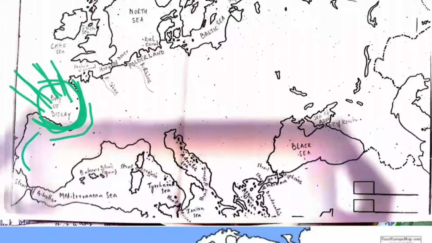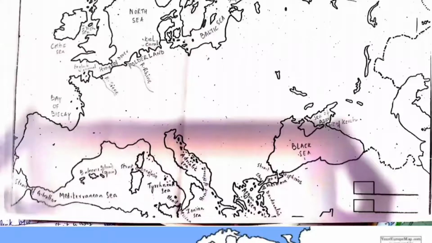We know that this is Spain, somewhat till this point. This is France and this is the Spain portion. It is covering the coasts of both France and Spain.